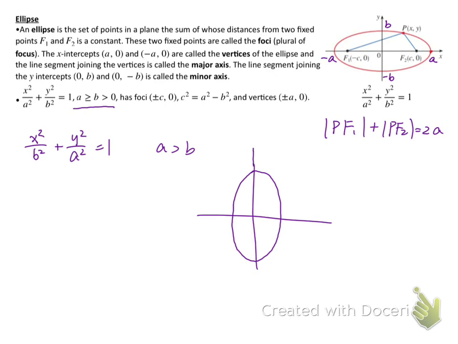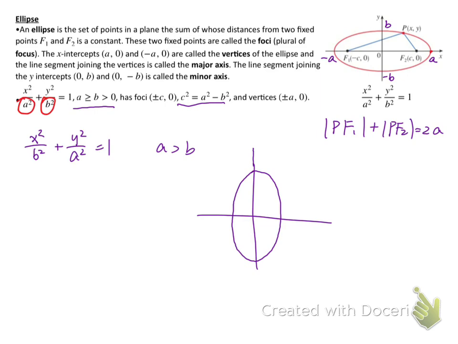Now, the foci. The foci happen where you sort of have a Pythagorean theorem. Do I want to tell you why? Maybe not. But you sort of have a Pythagorean triple kind of thing. The a and the b and the foci always somehow form a Pythagorean relationship.